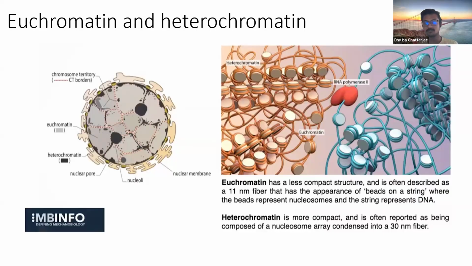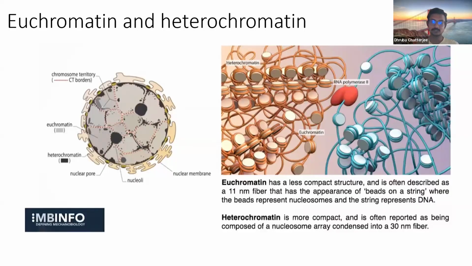Which is a level of information that lies above the genetic information and primarily regulates the level of expression of the genes that are present within the DNA in this chromatin. Depending on the packing, the section of the DNA which is being expressed more, which is getting transcribed much more often by the RNA polymerase, is typically present in a less compact structure.